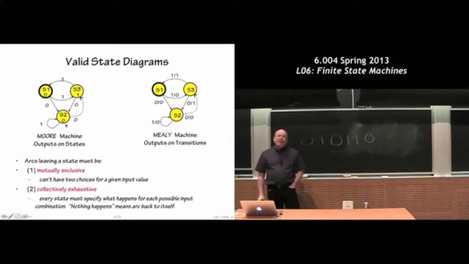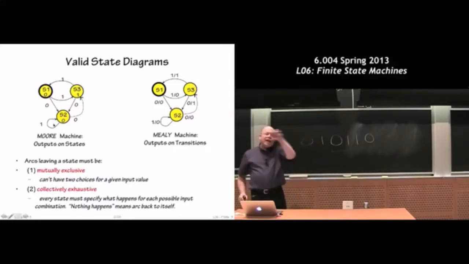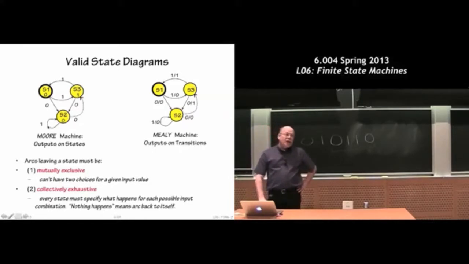It's easy to design machines where you forget to do this once in a while. Typically, the arc people forget is the arc where you stay in the same state. They forget to say, if none of my output arcs is true, but I want to stay where I am, that should be represented by an arc back to the current state, with the appropriate equation for when you take that transition, because that information will also have to be reflected in the logic.